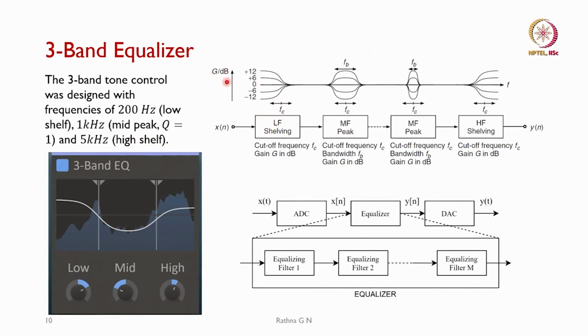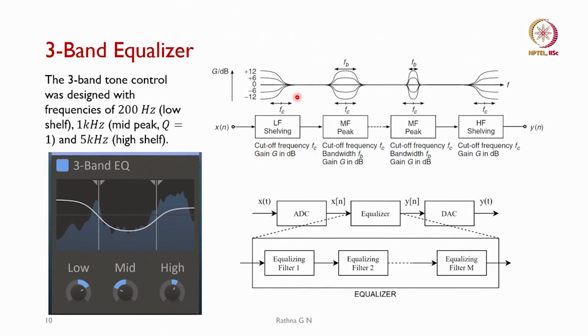The gain shown from here is minus 12 to 12 dB, which you will select on different spaces. Then FC is your cutoff frequency, and this is the low filter shelving, where you provide the cutoff frequency FC and gain G in dB to the system.